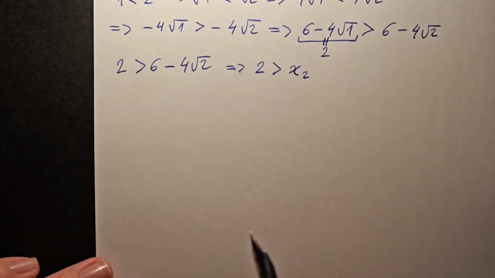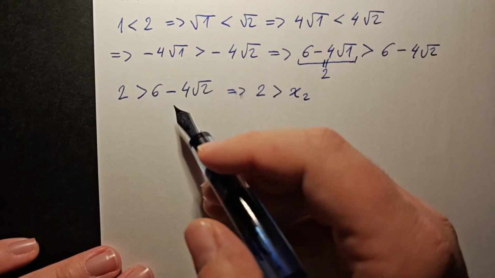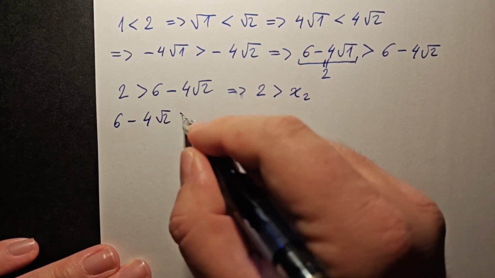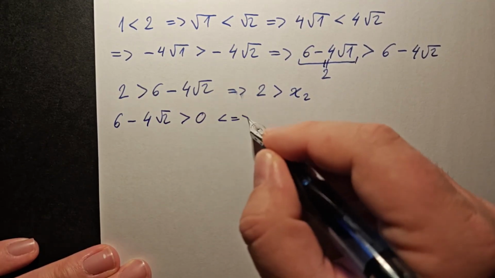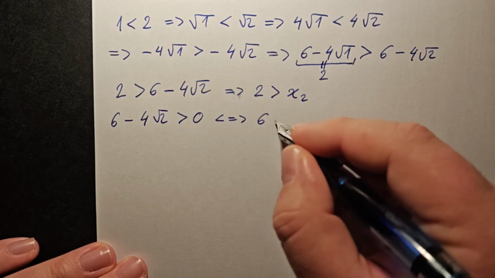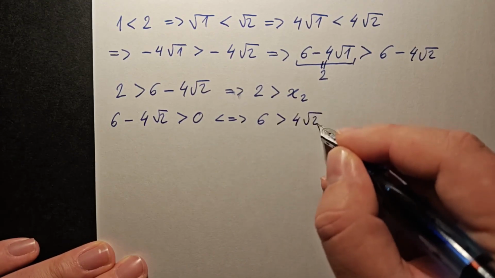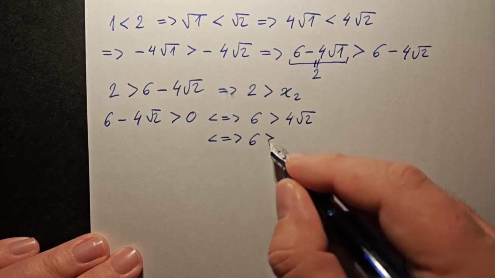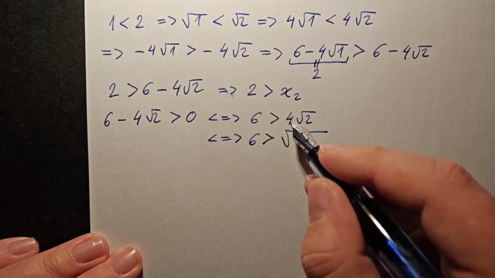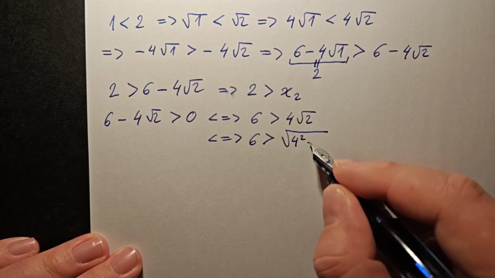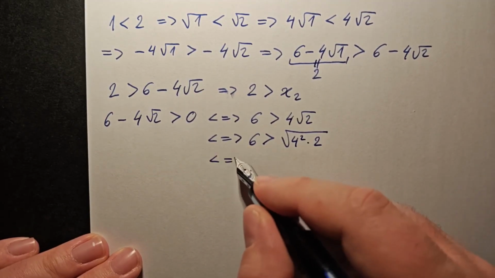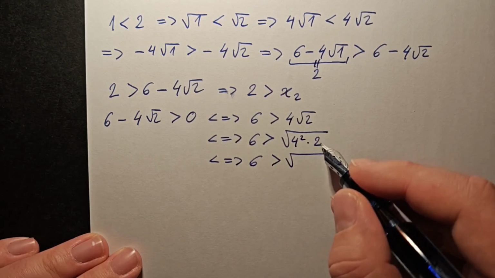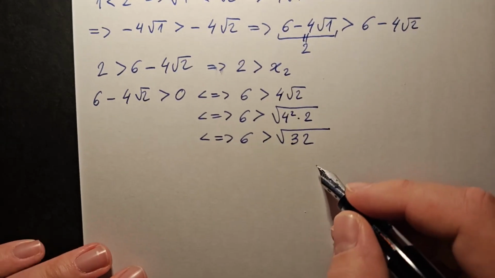Now we need to prove that x2 is larger than 0. So 6 minus 4 square roots of 2 is larger than 0 if and only if 6 is larger than 4 square roots of 2, if and only if 6 is larger than the square root of 4 squared multiplied by 2, that is equivalent to 6 being larger than 16 multiplied by 2, which is 32.